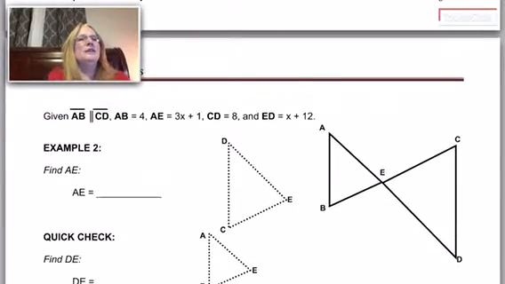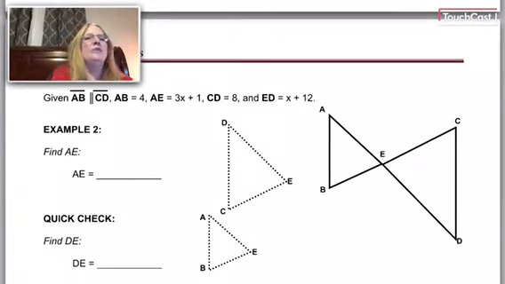So now we're going to look at another example, and we're going to solve for a missing measurement given that these triangles are similar. So let's see, they give us that AB is 4, and they have drawn these over here for us as two separate triangles.